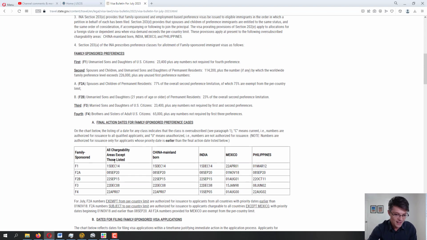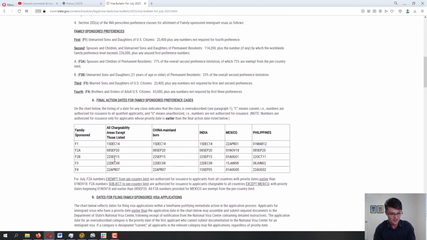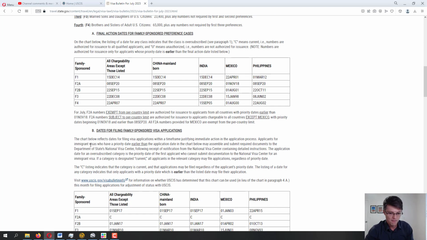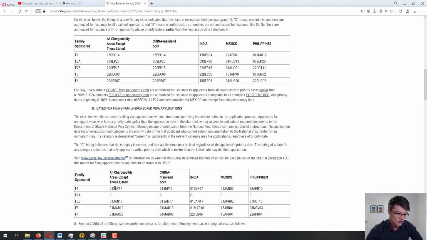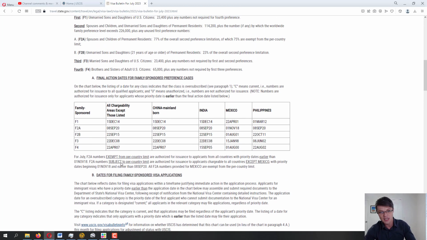Now, Table A is what's showing the availability of the immigrant visa, the full length, not just the NVC portal opening up, but the actual immigrant visa becoming available. So the same for F1, for example: right now, for people with a priority date in September 2017 the portal is opening up, while the immigrant visa is becoming available for people with a priority date back in December 2014.